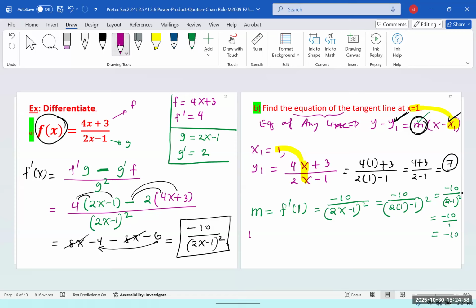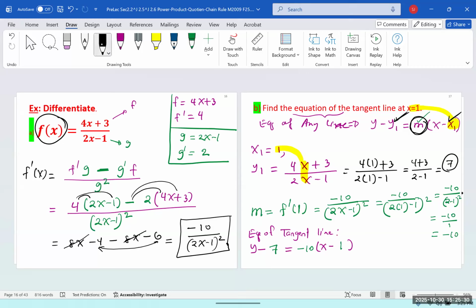So the equation of the tangent line: y minus y1 equals m times x minus x1. Y minus 7 equals negative 10 times x minus 1. This is the equation, but they actually want you to solve for y.